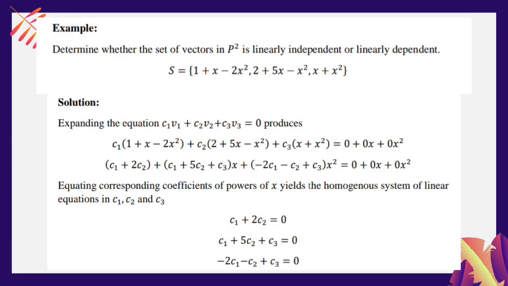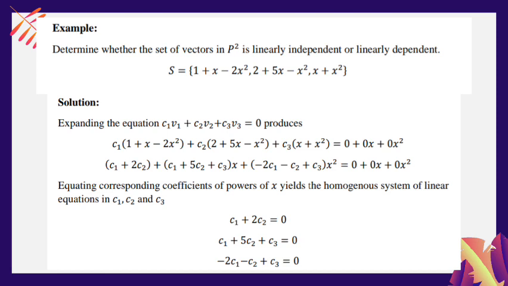Another example, determine whether the set of vectors in P2 is linearly independent or linearly dependent. S equals 1 plus x minus 2x squared, comma, 2 plus 5x minus x squared, comma, x plus x squared.